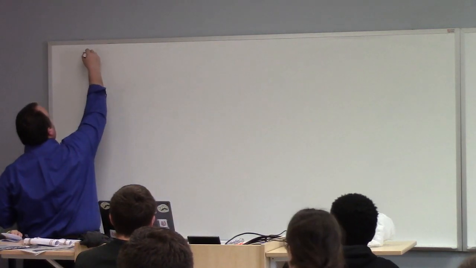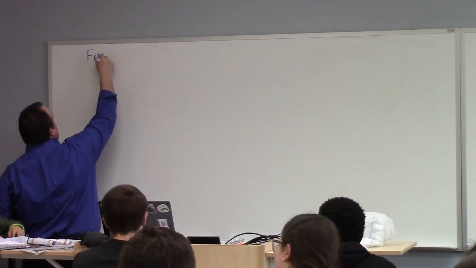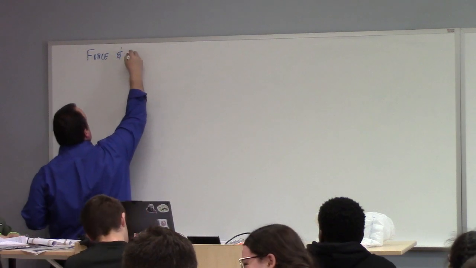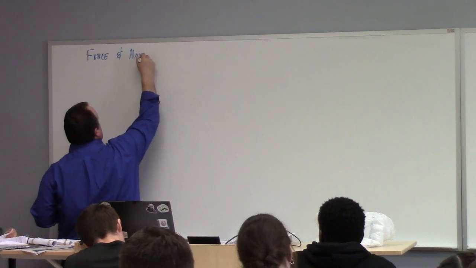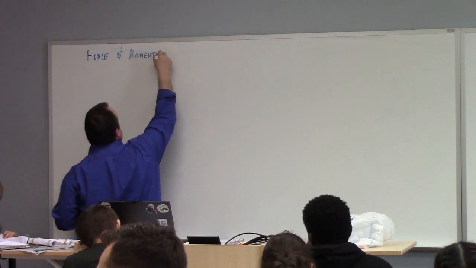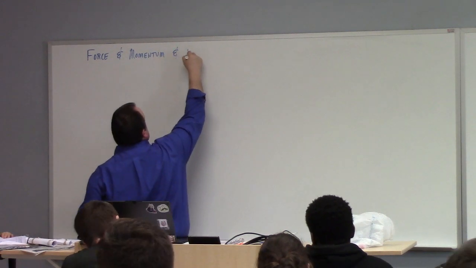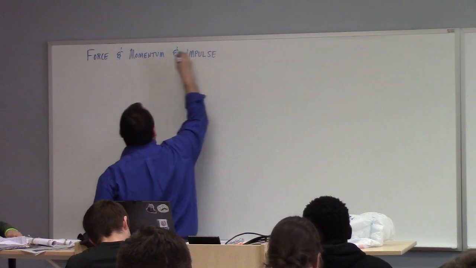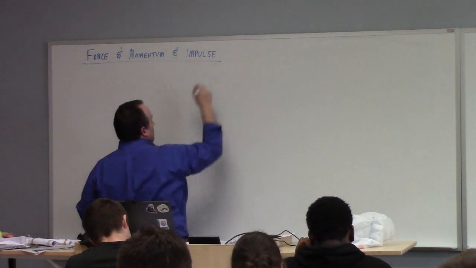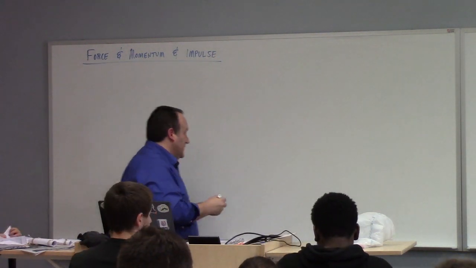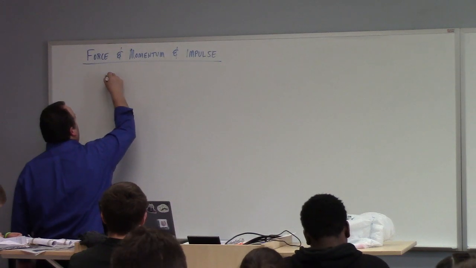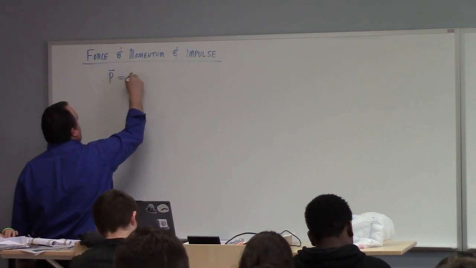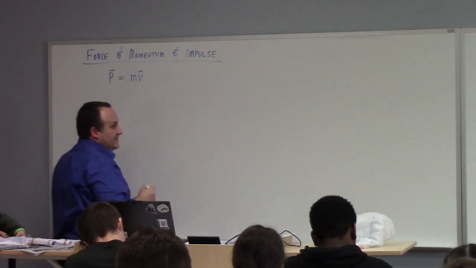So let's talk about force and momentum. And let's also throw impulse into the mix here. Last time, I explained that for a single point particle, the momentum is the mass times the velocity of the particle, right?